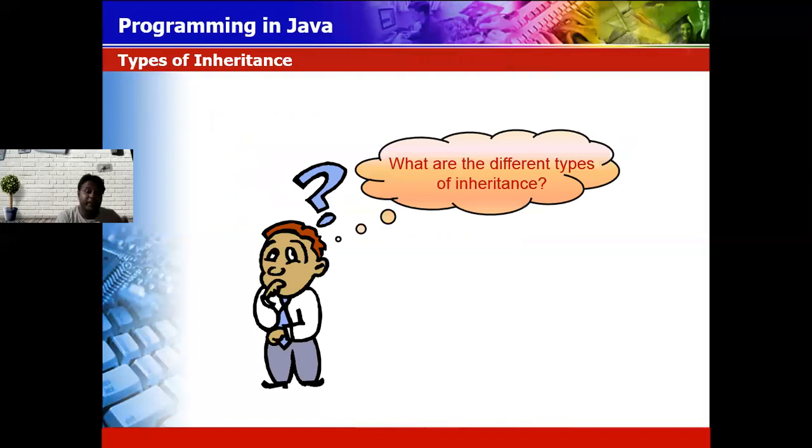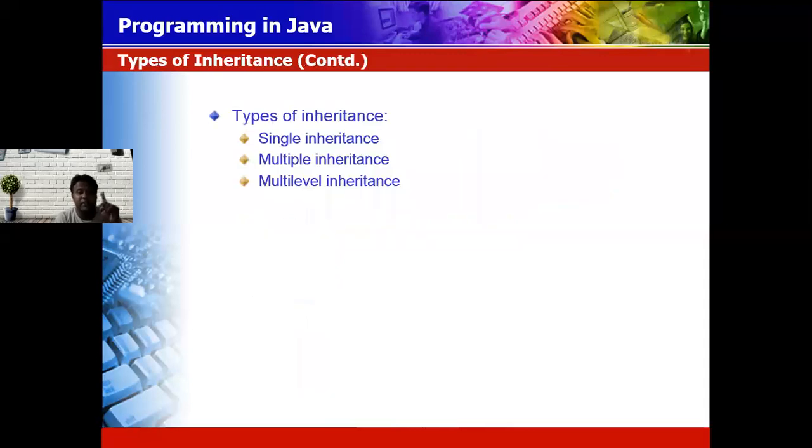So what are the different types of inheritance? There are three different types. One is single inheritance, then multiple inheritance, and multi-level inheritance.